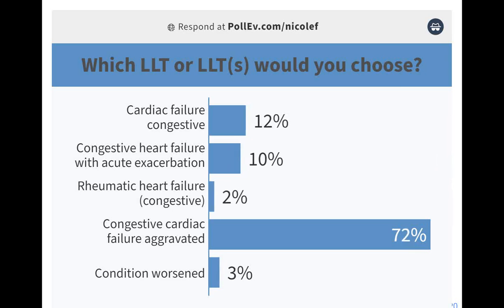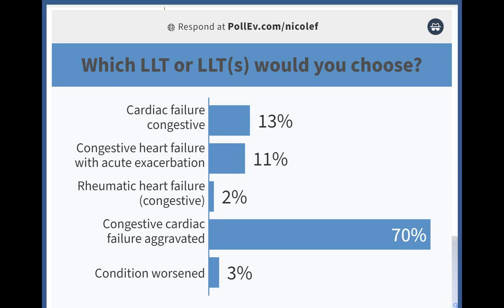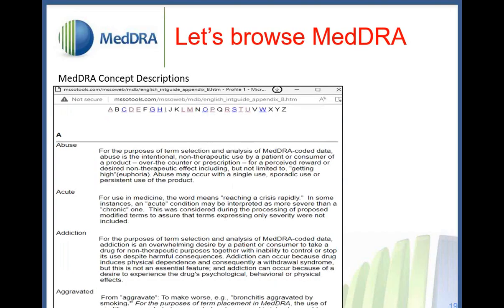Okay, so what really threw me off, or may have thrown some of you off, is which specific LLT is the best match with the reported verbatim. So let me go back one slide. Now, there were several LLTs available for me.